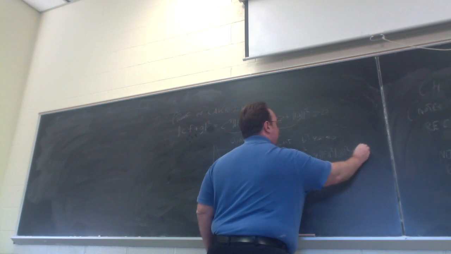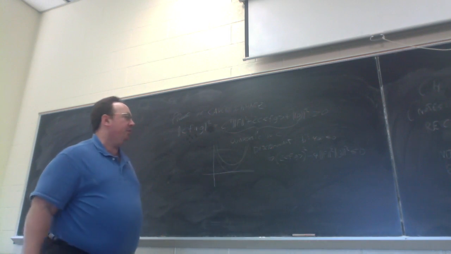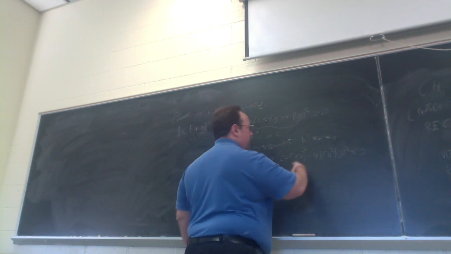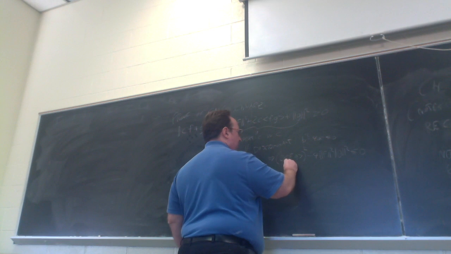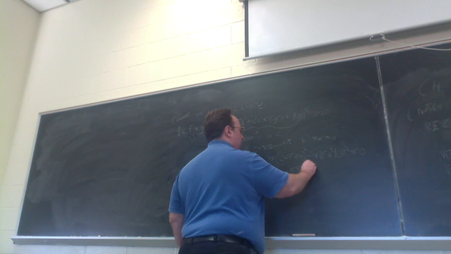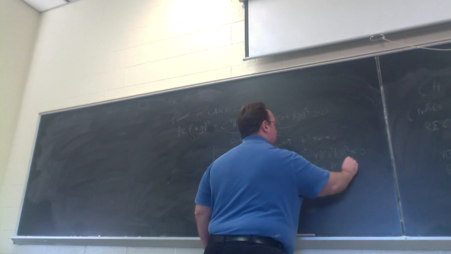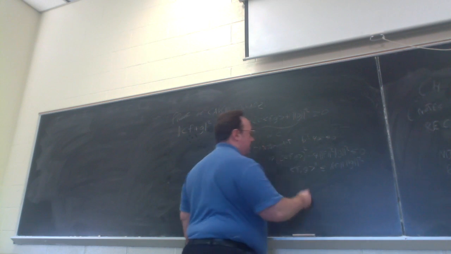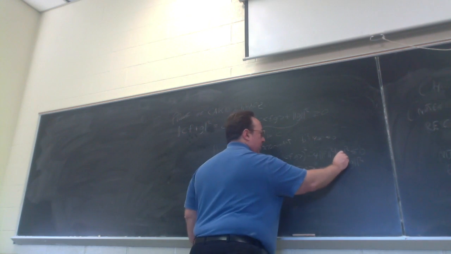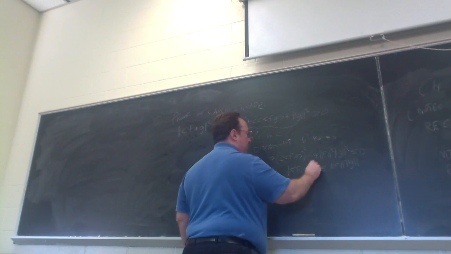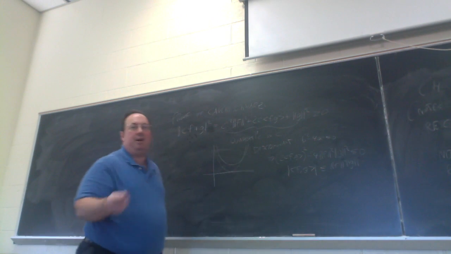That has to be less than or equal to 0. Then you just rearrange this, and you cancel the 4's. Then you take the square root of both sides, and you get the absolute value, and bam, it just pops out.